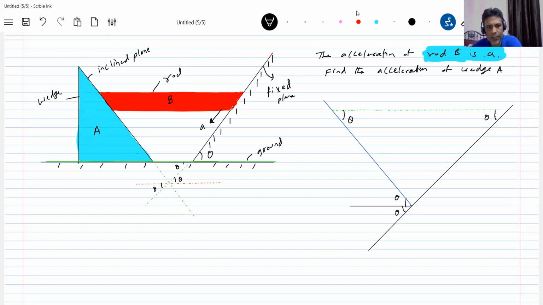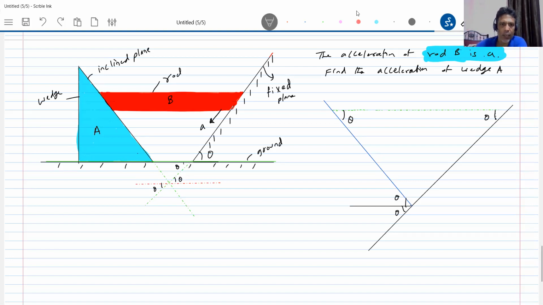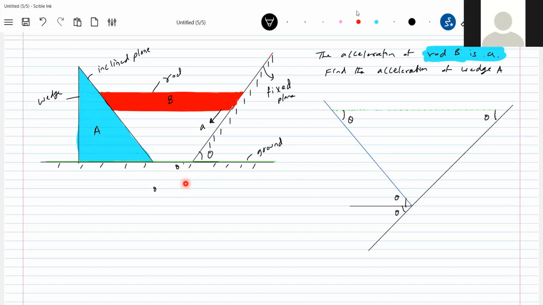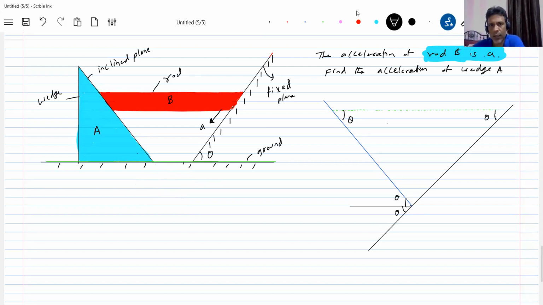Agreed, all of you, the way I'm bringing the angles? Okay, so I'll draw it. No, not needed. I'll extend the line. It should be parallel to this.